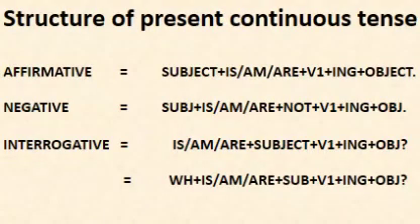So students, in my last slide I told you about the helping verb and main verb. Now we will learn about the structure of present continuous tense. If we know the structure, we can form any sentence.